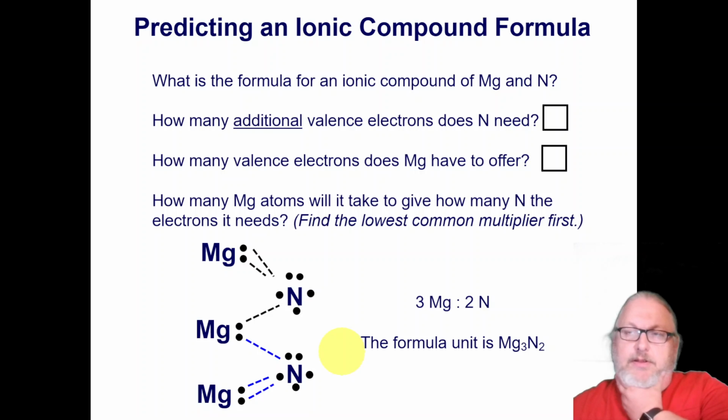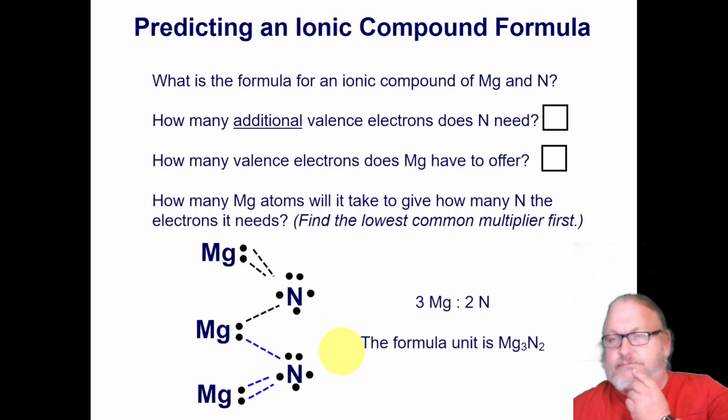If I multiply nitrogen by 2 and magnesium by 3, that gives us 6 electrons. So the ratio would be magnesium 3, nitrogen 2, and that's what it is, a ratio.